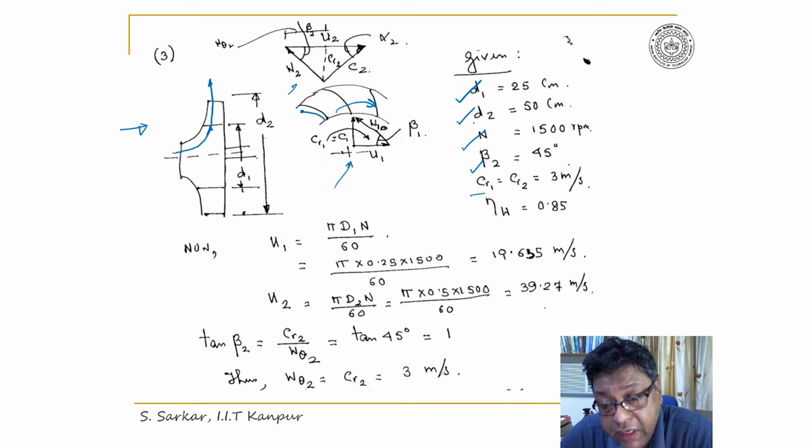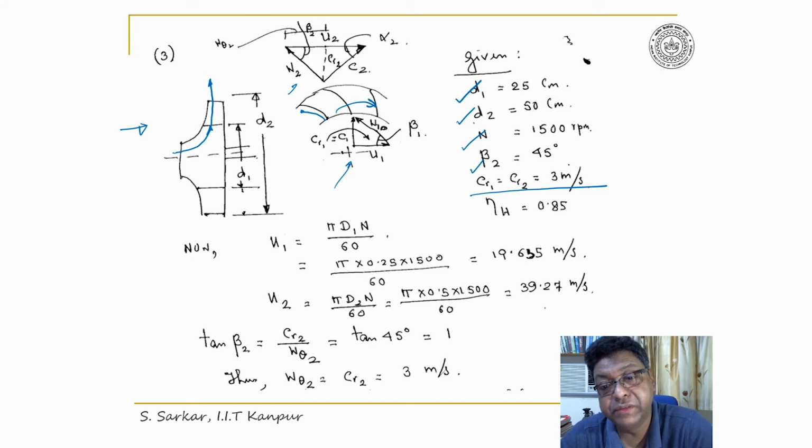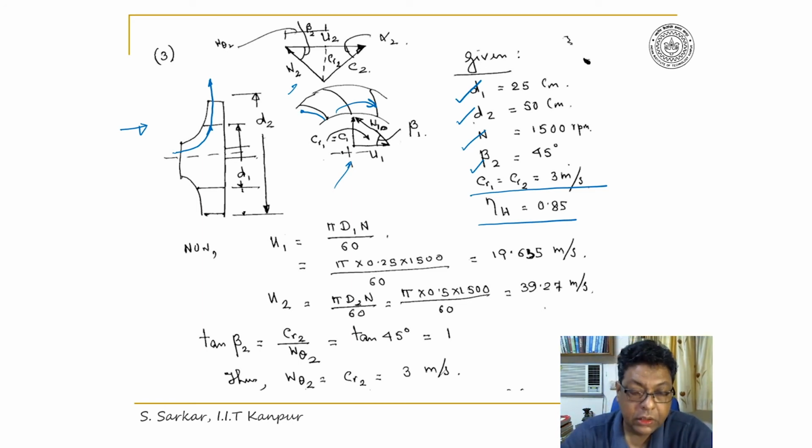Furthermore, CR1 and CR2, that is the radial velocity passing through the impeller, remain constant at 3 meters per second. Hydraulic efficiency is also given as 0.85. So I'll proceed. First, I need to draw the velocity triangle.